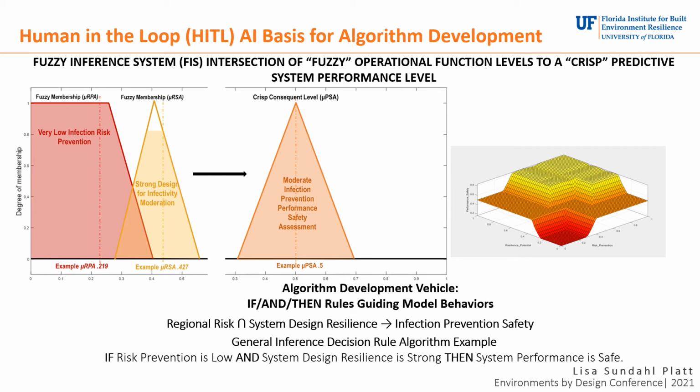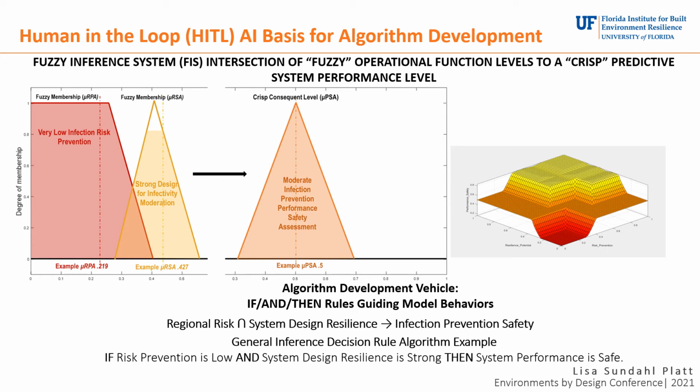Now, for those of you who aren't aware, fuzzy logic has a unique ability to provide an appropriate logical mathematical framework to handle problems with vague and contextually mutable circumstances, such as regional infectivity and environmental infectivity.